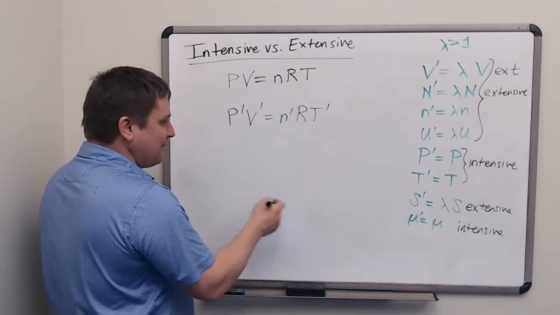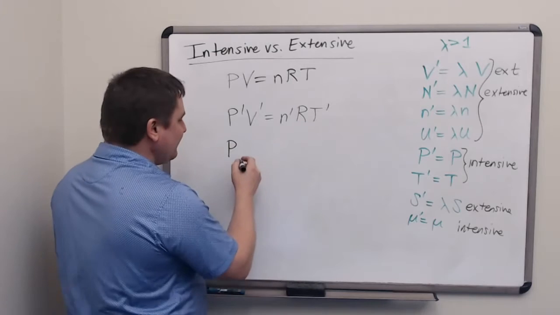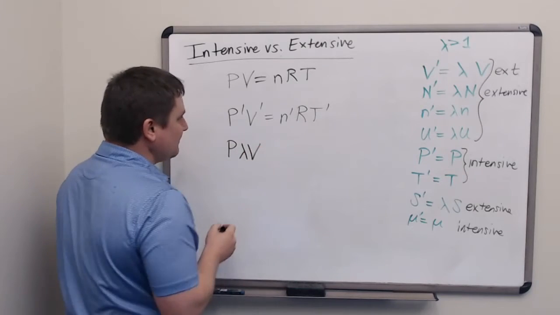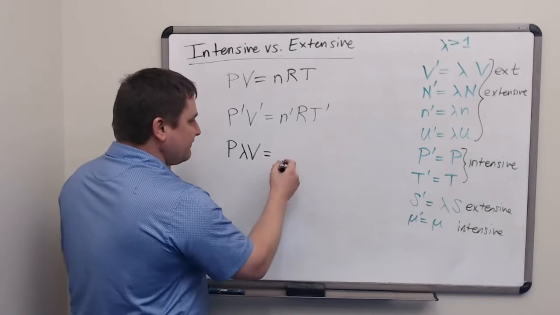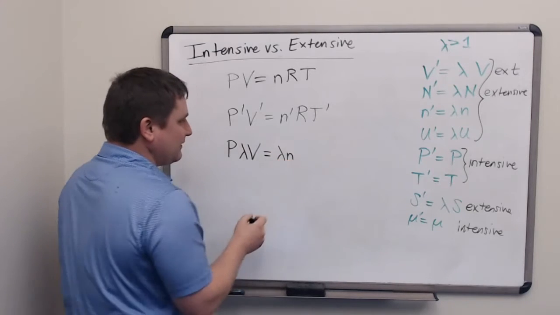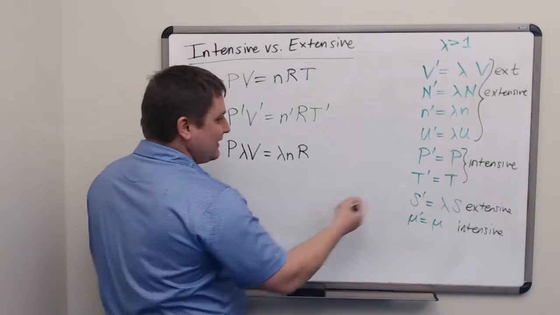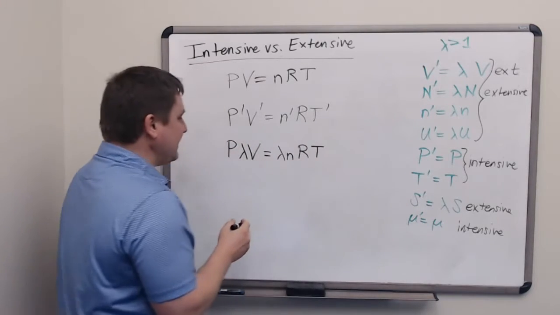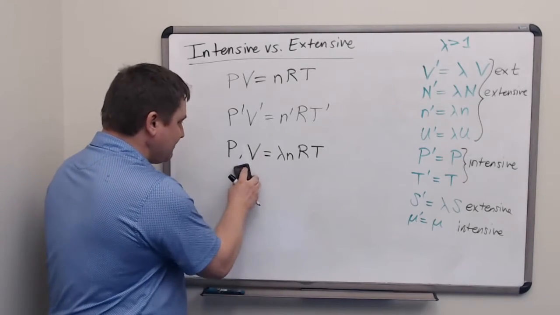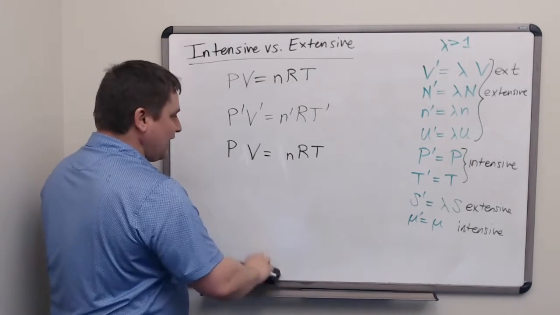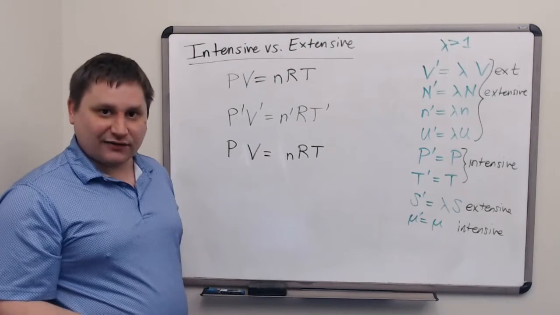So P prime, pressure in the new one, is the same as P. The volume gets scaled up. V prime is lambda times V. The number of moles gets scaled up, lambda times n. The ideal gas constant stays constant, and the temperature stays the same. So what happens here is the lambdas cancel off of each side, and we just retrieve the original ideal gas equation.